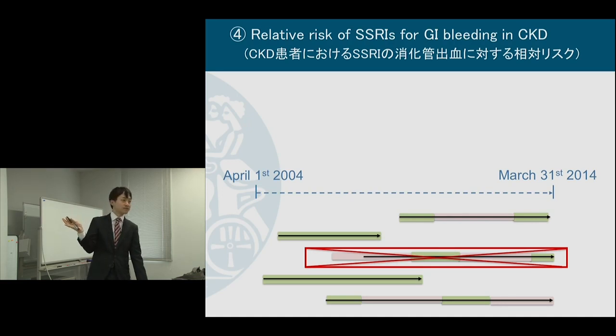And now, in 2016 or 17, it's already known that SSRIs raise the risk for GI bleeding. So it's highly possible that once doctors find GI bleeding, they may stop antidepressants or SSRI and never prescribe it again. So it harms the requirement to use case-only design. Yeah, so that's the main reason that I couldn't use self-controlled case series design.